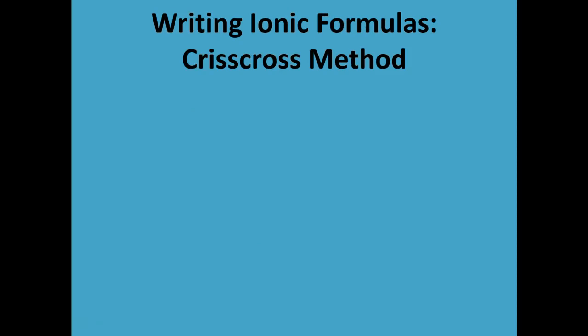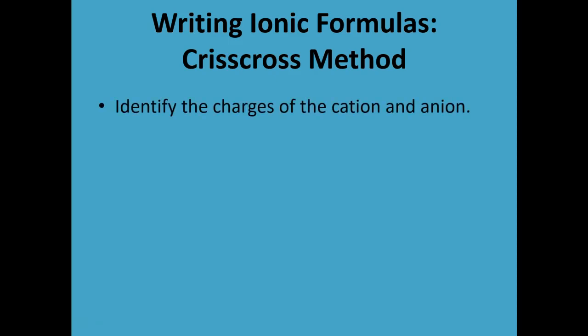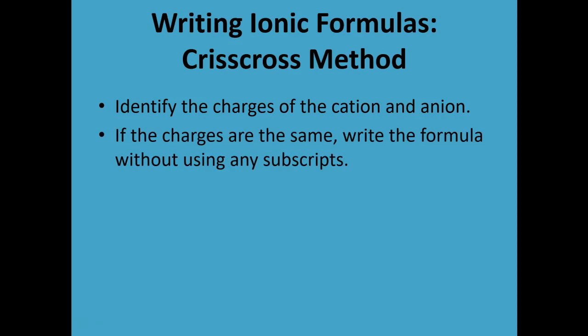And when we write these formulas, we use what's called a crisscross method. And so just stepwise, what you're going to do is identify the charges on both the cation and the anion. So if I said, what is going to be the formula of a compound that forms between the sodium ion and the chloride ion, you would have to work out the charges on those two things.